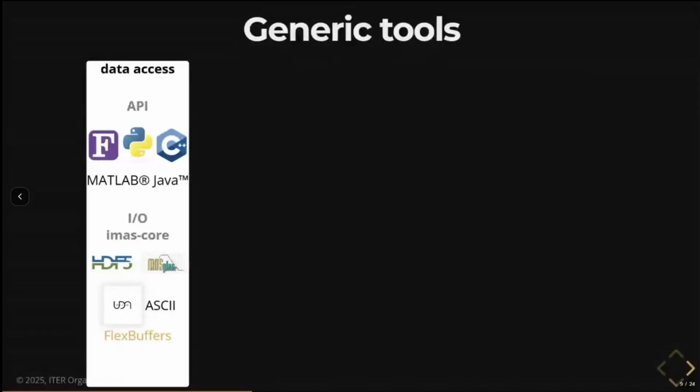And this library relies on a core C++ library that allows us to abstract the various backend storage that we can use. We have HDF5 support, MDS+, because it's heavily used in the community, but we can also use UDA, a client-server technology developed at UKAEA that allows remote data access, or Flexbuffers if you want to serialize these IDSs in memory.